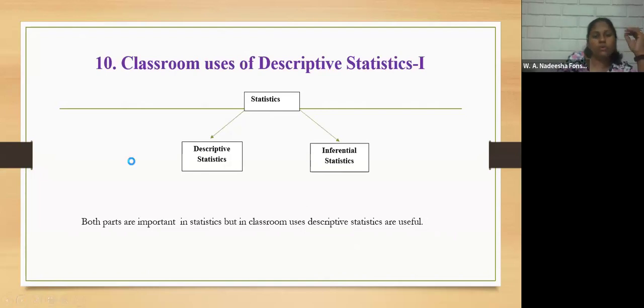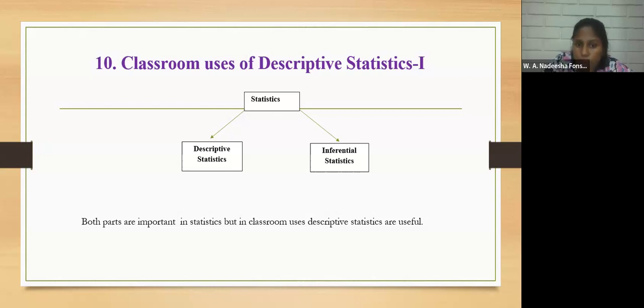So now we are going to start the statistics part. And this is the latter part of our course unit also. Classroom uses of descriptive statistics. When we consider statistics, there are 2 types: descriptive statistics and inferential statistics.